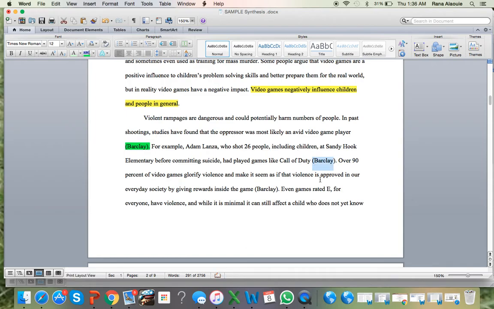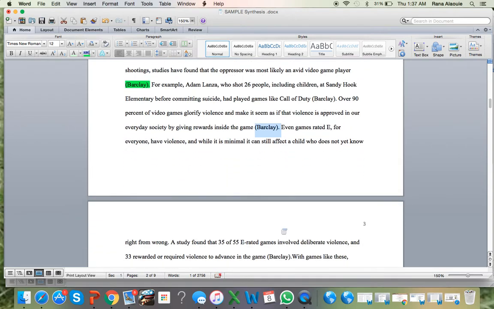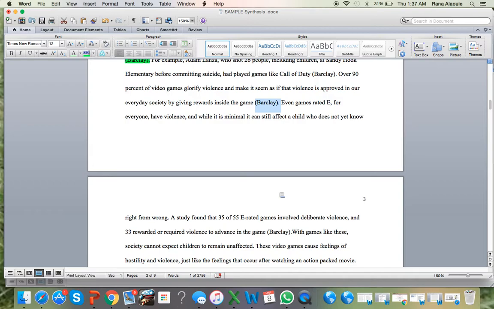Like if it's a back-to-back sentence, I would have just waited and just done it here. I wouldn't have to do it here and here if it's this close in proximity. But if, say, I'm writing something and then later I'm using it in the same paragraph, no, I would have to do it separately. But since it's back to back like this, I would have just cited it right here, to be quite honest with you.